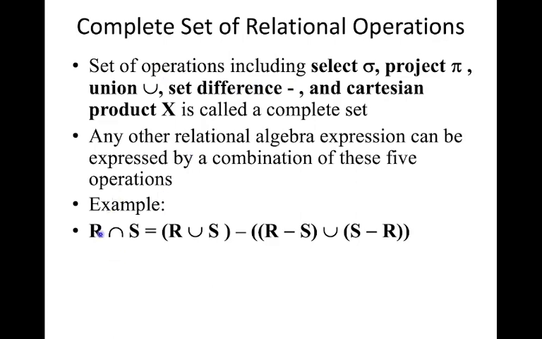So it is possible to specify the intersection using these 5 operations. You can specify it like this: R union S, difference, R difference S, union S difference R. So we are specifying the intersection based on union and difference operations, and union and difference are included in this set.